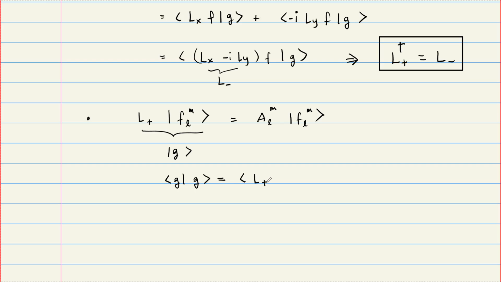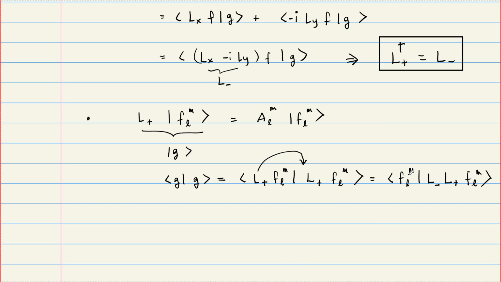<L plus f,l,m | L plus f,l,m>, right? And now I can carry this plus over to here, and it's going to be the Hermitian conjugate, so this is going to be <f,l,m| L minus L plus |f,l,m>. Good? Yes?